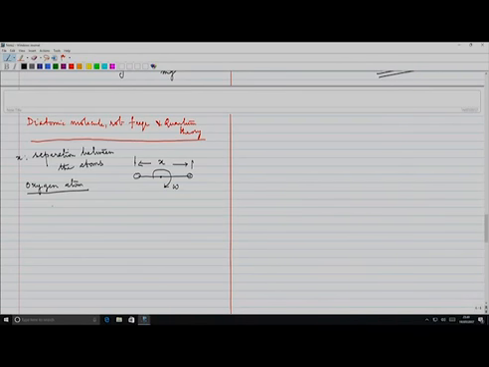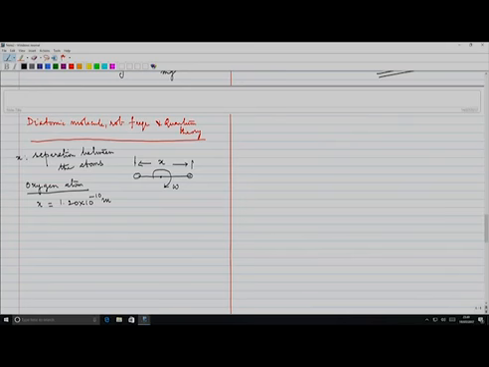Two oxygen atoms can combine to give you an oxygen molecule. The separation between the atoms is 1.20 times 10 to the power of minus 10 meters. All this data will be provided to you.